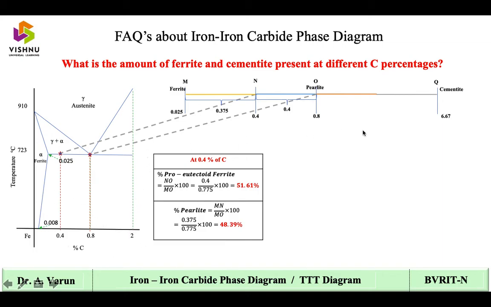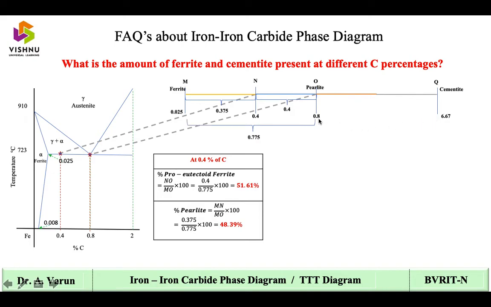That cementite will be formed at 6.69% of carbon, as we discussed in the previous slide. So you are supposed to draw this lever rule between ferrite and cementite, where ferrite will be formed at 0.025% of carbon, which is known to you already, and pearlite at 0.8% of carbon, and the cementite which has to go till 6.67% of carbon, like shown in this case.